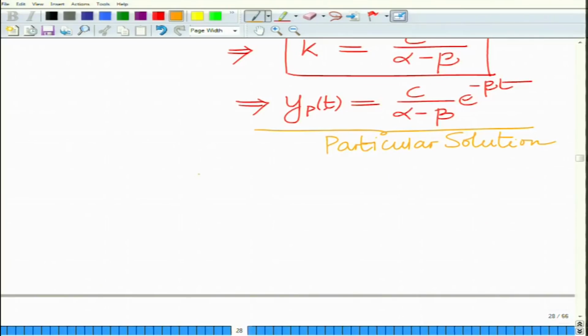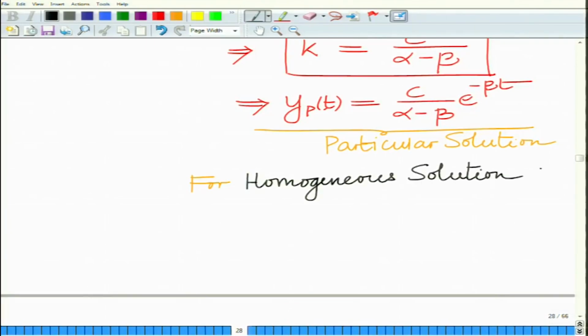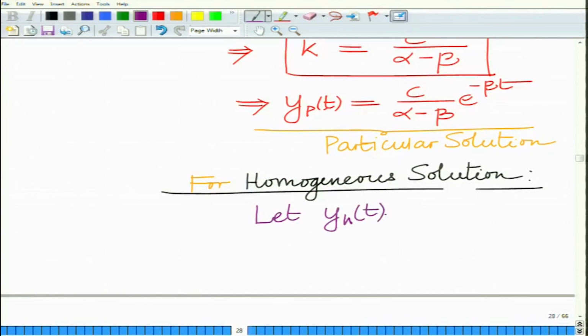Let us now find the homogeneous solution. Now, let us assume y_h(t) equals some k tilde e raised to s t.